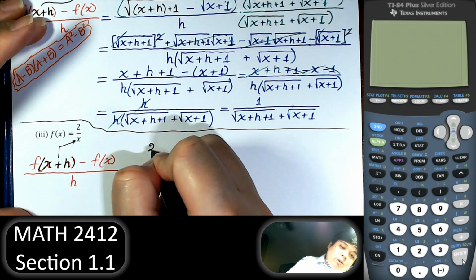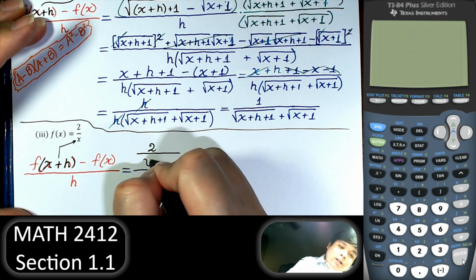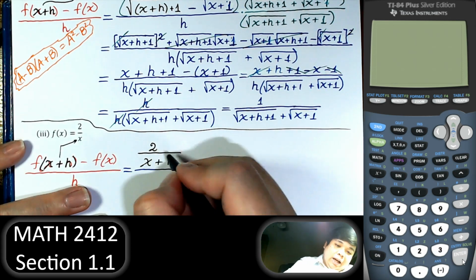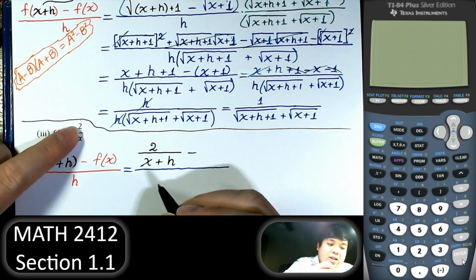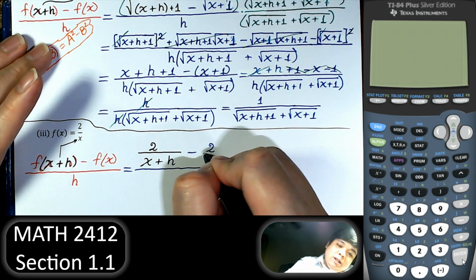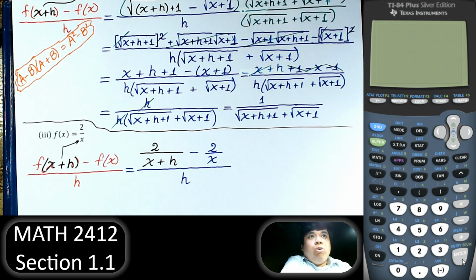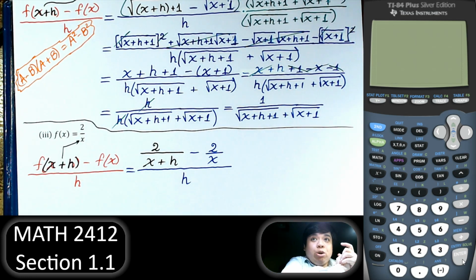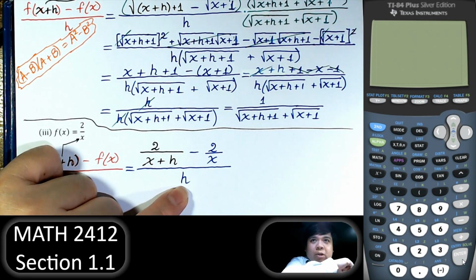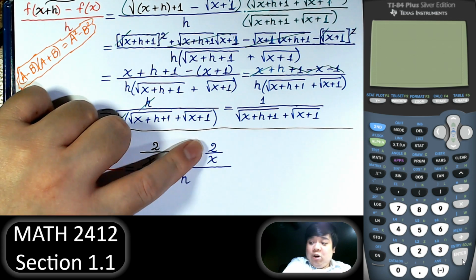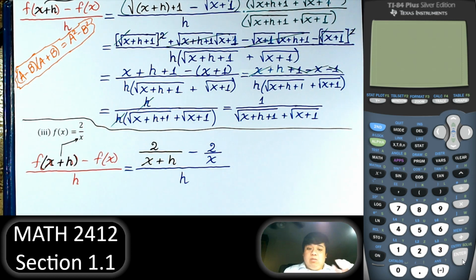So we have 2 over x plus h, and then minus f of x, which is 2 over x, all of that over h. What we're trying to do is cancel everything without an h, and then what's left we'll cancel with the h at the bottom. Right, but first let's try to simplify things by at least simplifying the fraction on the top.